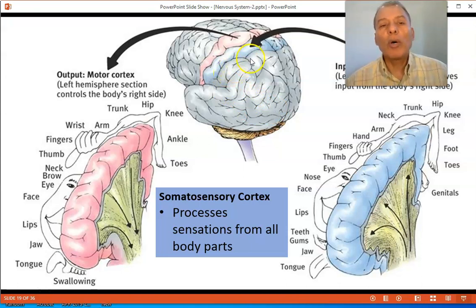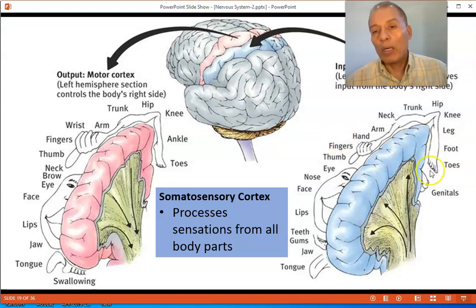The major landmark in this gyrus and this lobe is the post-central gyrus. This map that I showed you here, that is the sensory homunculus, and every segment of the gyrus, the somatosensory gyrus, gives you sensation from one particular part of your body.